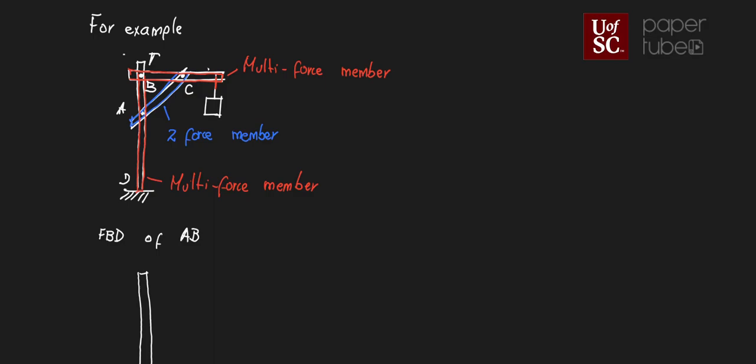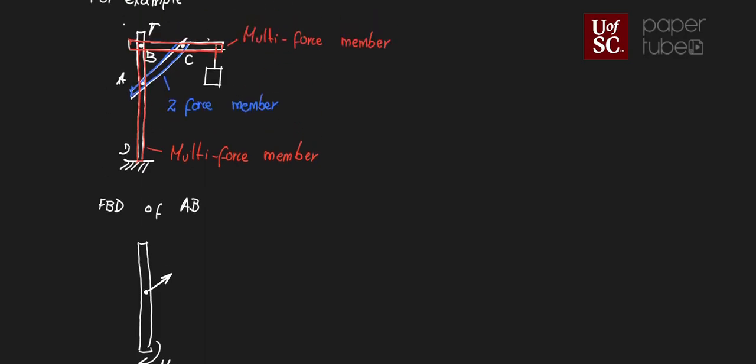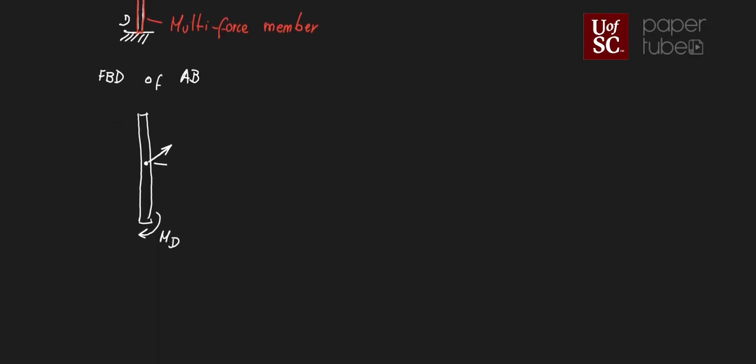So we can actually say right away that this force at A is somewhere in this line. It's along the line of that element AC. Okay, we know that angle. So what I mean by that is that if this is theta, that means that this angle over here is also theta, because that blue element is a two-force member.